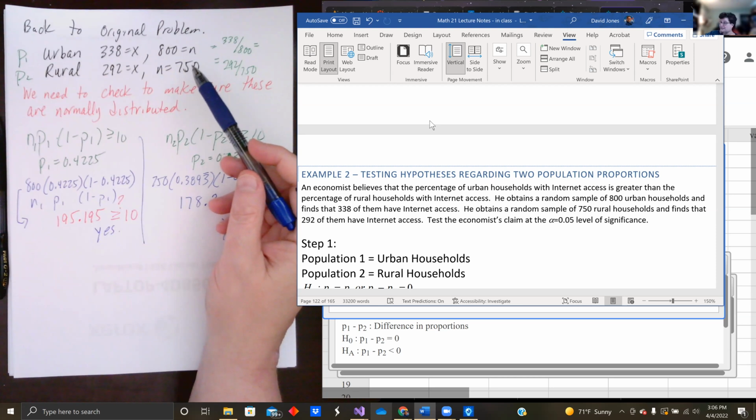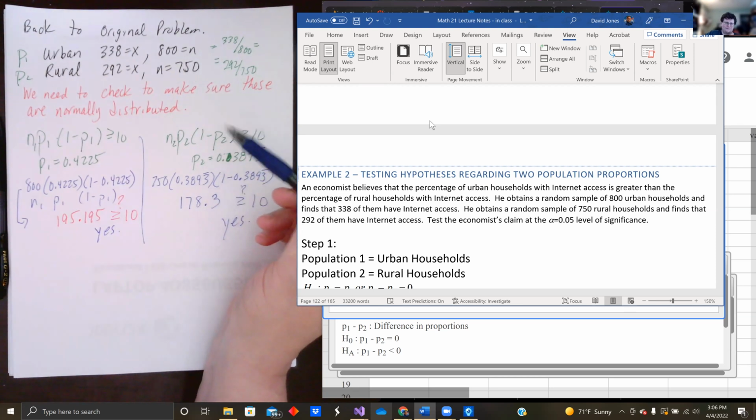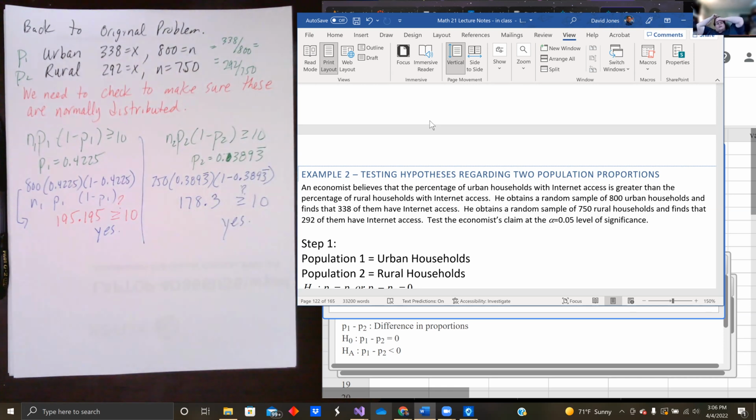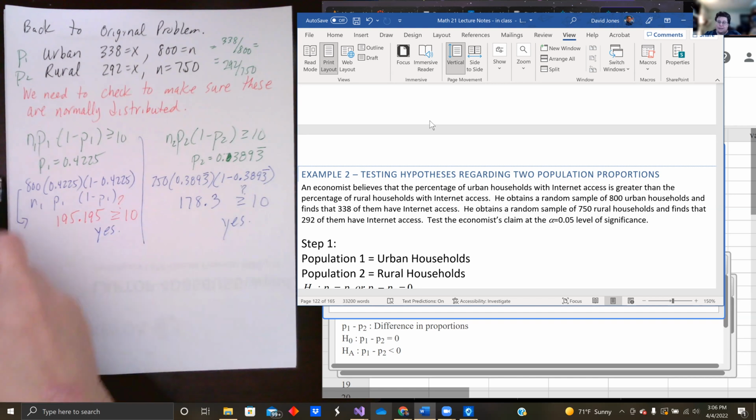Visalia, I know it is. Same thing with the P2. It's definitely going to be less than 5% of the population of country homes, especially if we look at all of the country, not just the city. So both of the criteria are met and we can do the test.